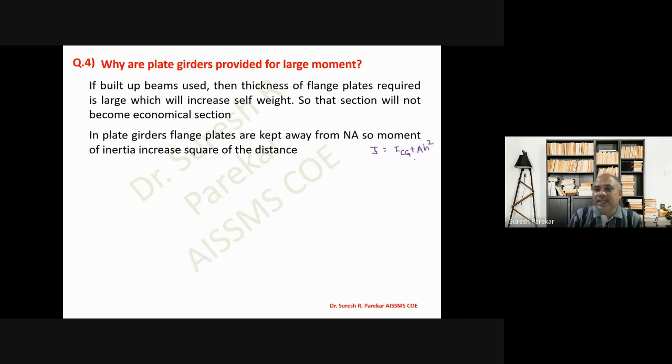As you increase the distance of the flanges away from the neutral axis, the value of H increases, which automatically increases the value of I, and since we have a square, it increases fast as your flange plates go away from the neutral axis. So inertia increases with the square of the distance in one of the terms, and that will increase your moment of inertia, because ICG is very small compared with A into H square.